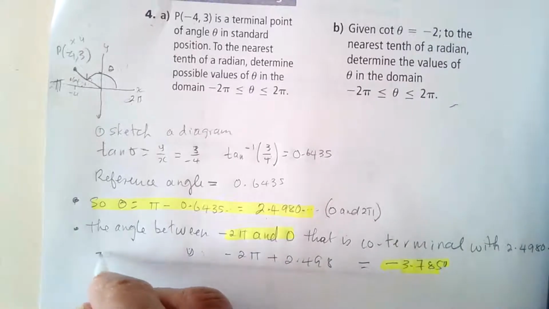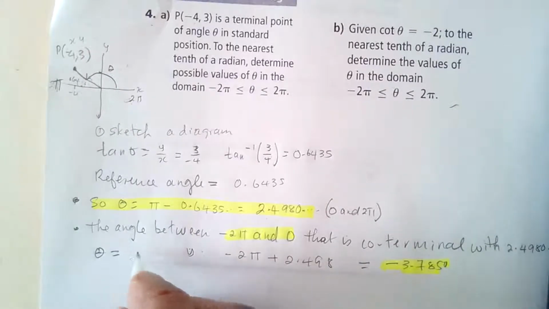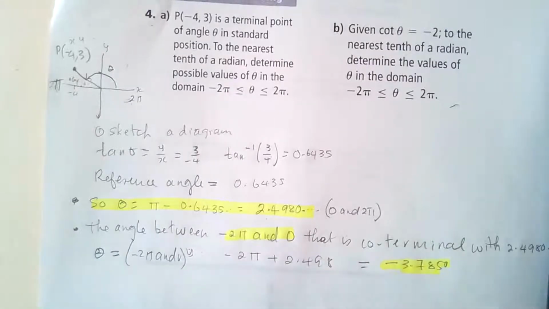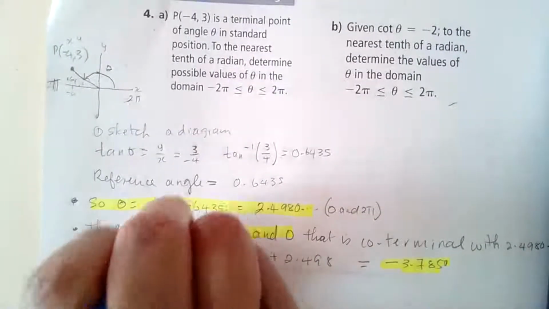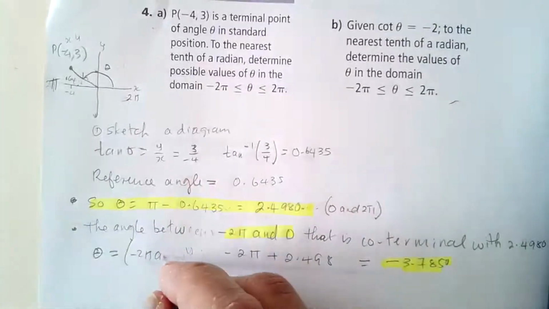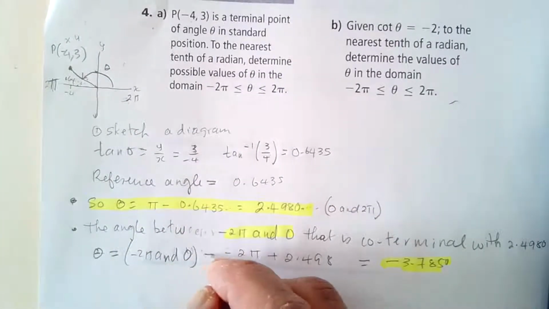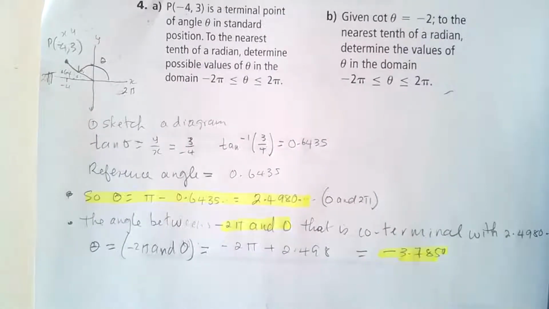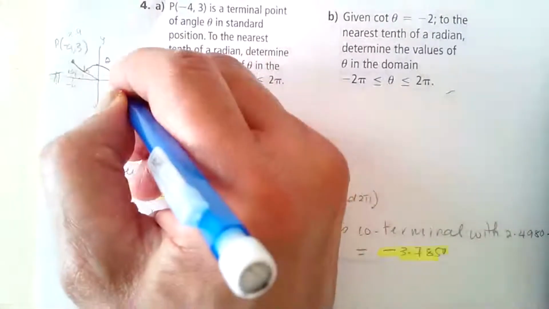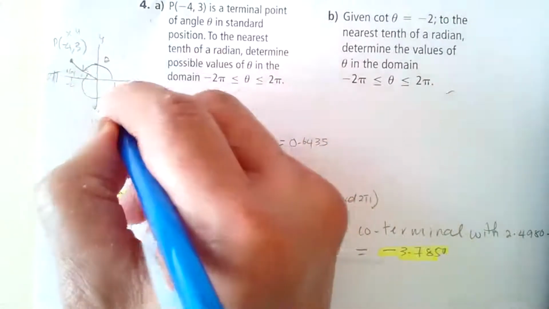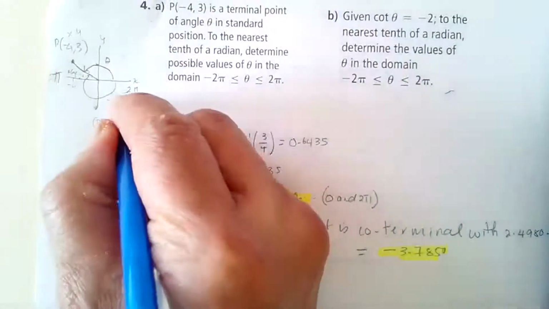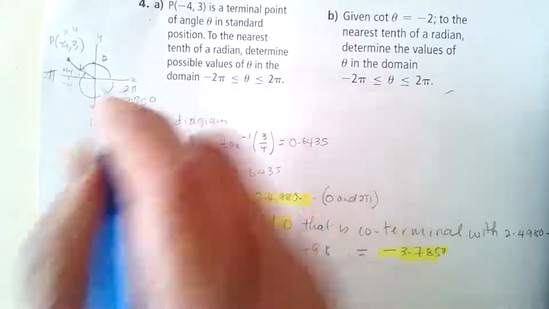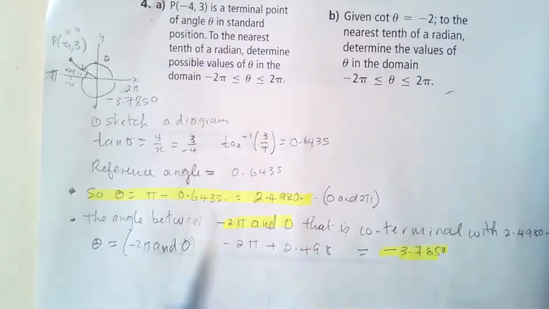So theta between negative 2 pi and 0 is equal to negative 3.7850.